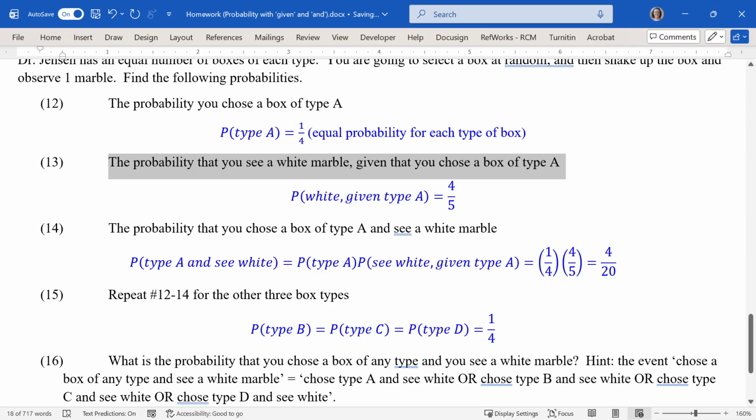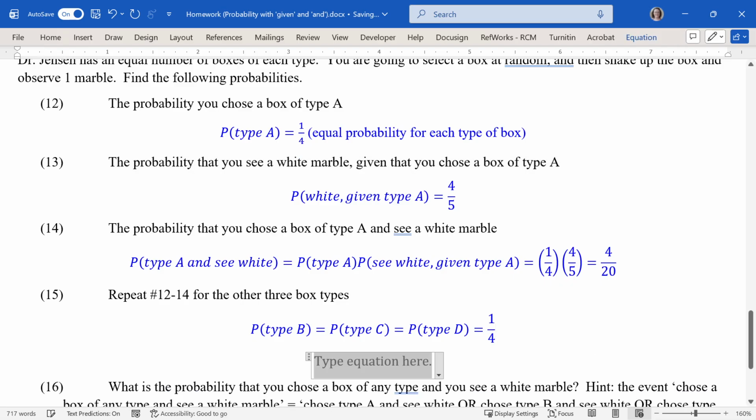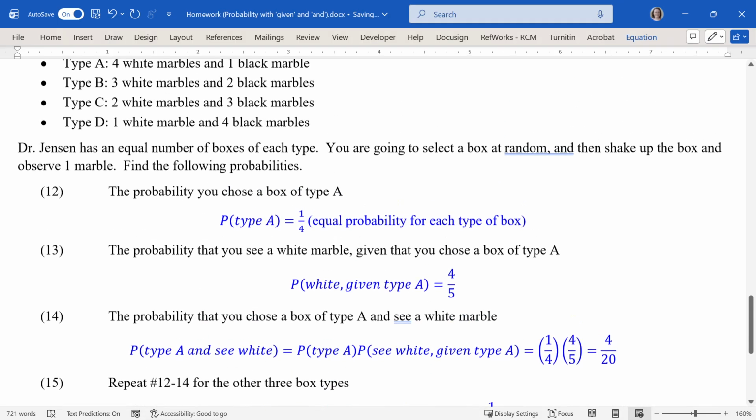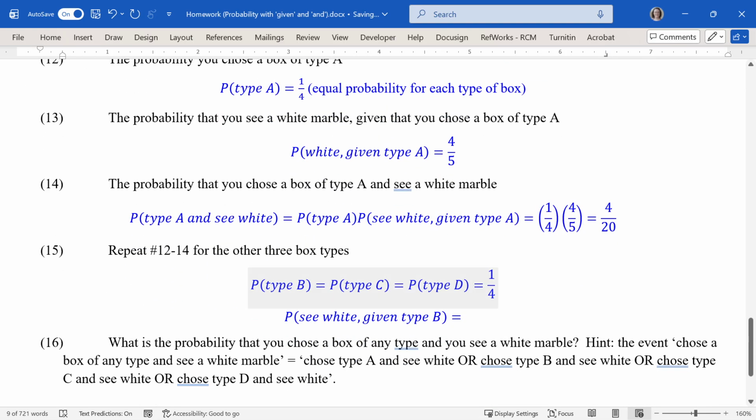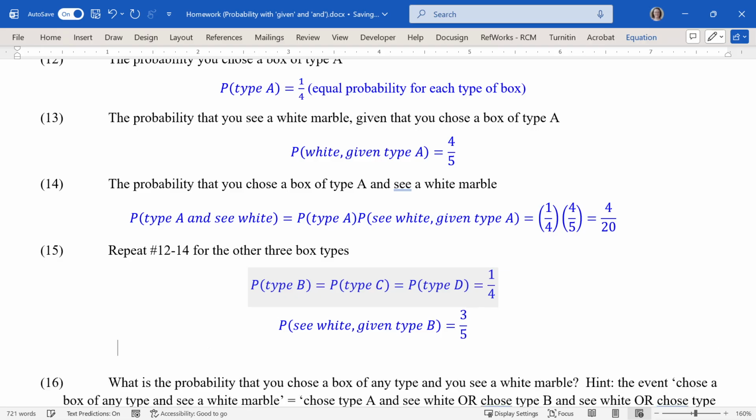Number 13, now we're going to have some different answers. So probability of seeing the white marble given that you have the type B box. There's 3 white marbles in that box, so that's going to be 3 out of 5. And now probability of seeing white given type C box.